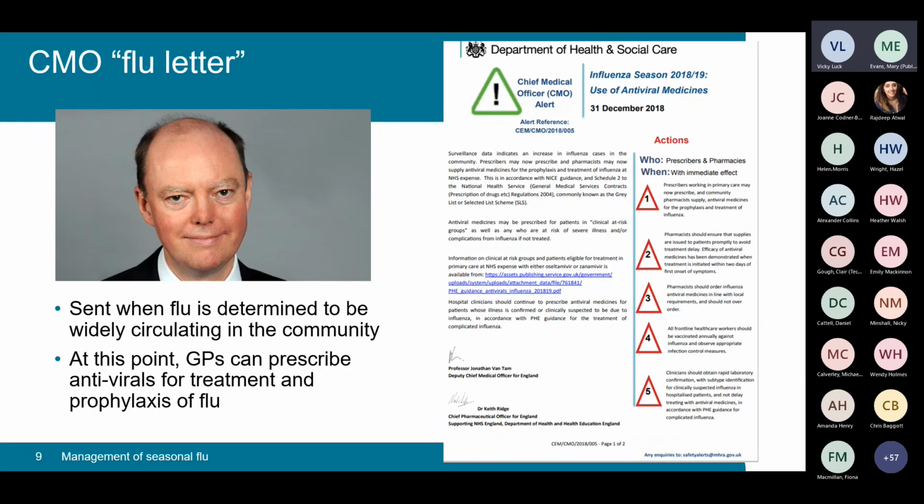As I said, it isn't the only way that it can be prescribed. It doesn't have to be defined flu season, but it usually was a point of time when it was generally more widely prescribed. But getting to a point where we knew flu was circulating was important. So that's why interventions such as swabbing are necessary.